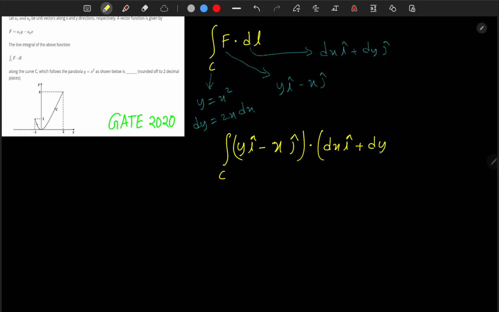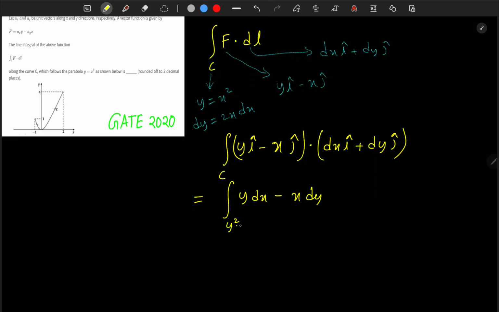You can solve this only if you know the dot product. So after doing the dot product you obtain y dx minus x dy.